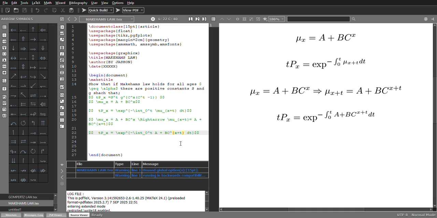So let's extract this integral expression so that we can integrate it separately.